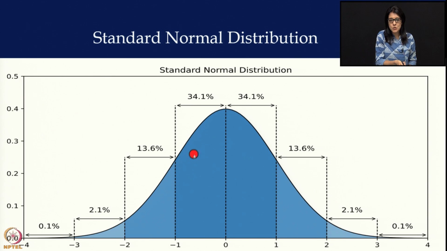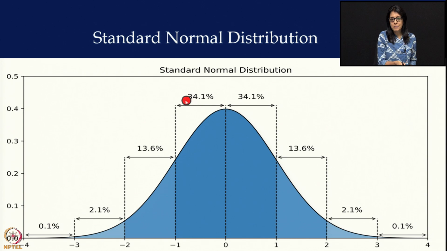From the mean to +1, you have 34.1% of children, and from +1 to +2 you have 13.6% of children. That means they are taller, or bigger, than your mean average. Then there are some children who are below average, right.